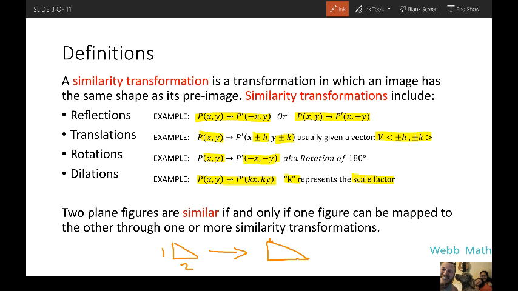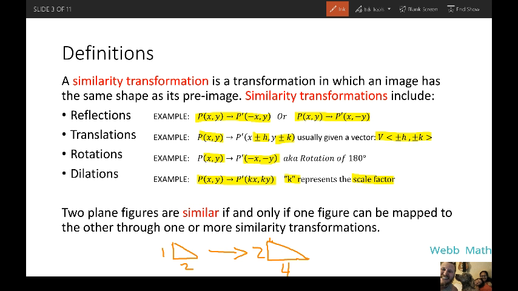So what would be similar in this situation is a 2 to, let's say, a 4. Notice how we're just dilating by a scale factor of 2. 1 times 2, 2 times 2, and that's what gives you the same ratio.